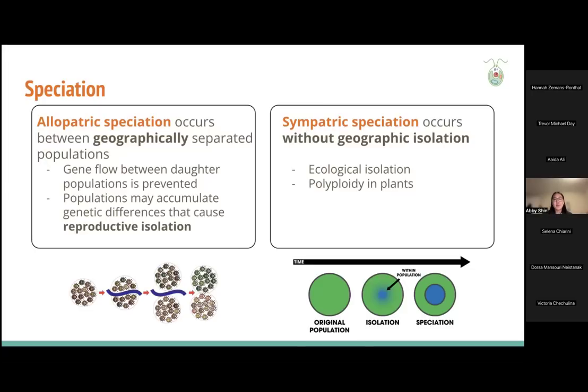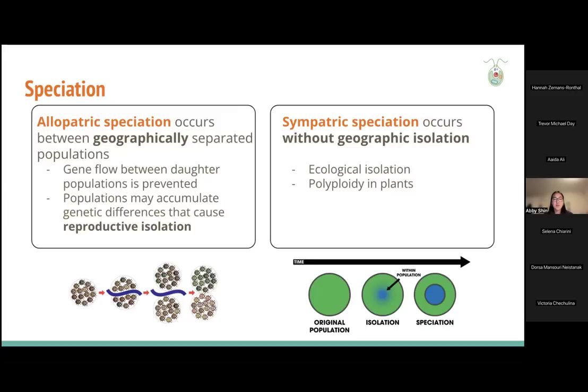The main example that we talk about through this course is polyploidy in plants, because with mammalian-type reproduction, it's slower, so this wouldn't really occur. But with plants, you can have something called allopolyploidy, which is when the DNA from two different parent species replicates, but the cell doesn't divide. So you'll actually have chromosome doubling.